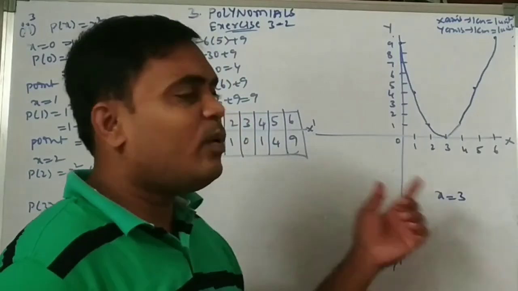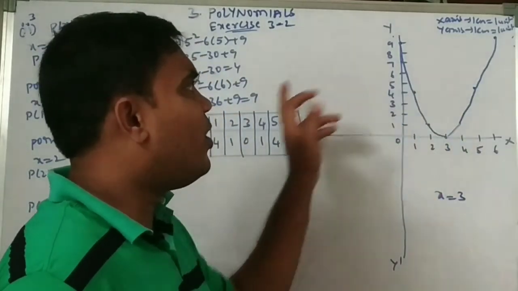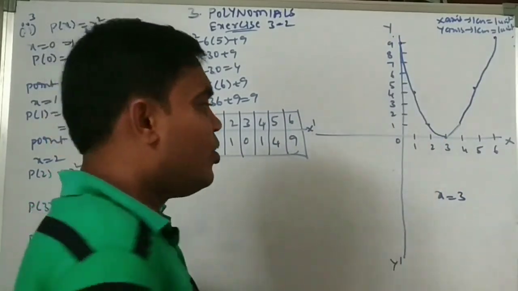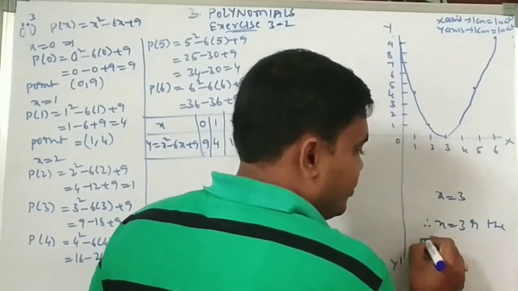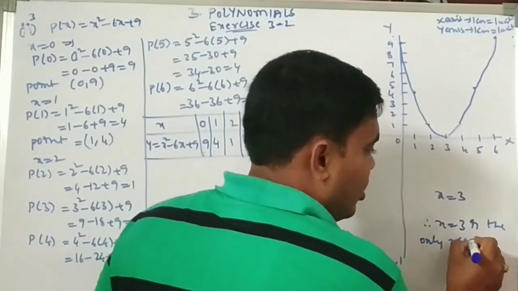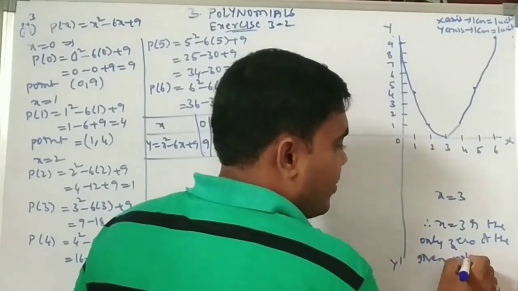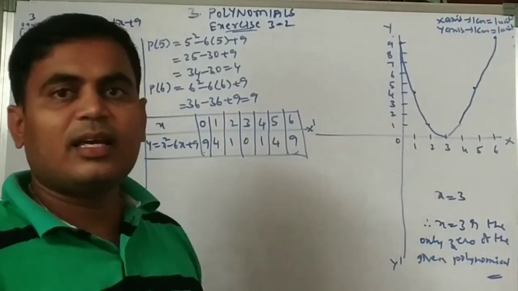So here 3 is the only zero. So 3 is the zero of the polynomial according to the graph also. Therefore x equal to 3 is the only zero of the given polynomial. This is the graphical representation.